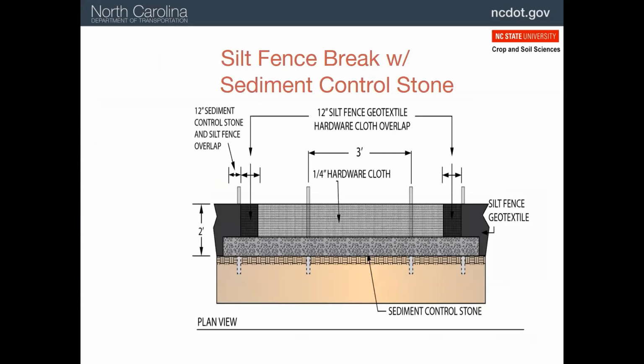The silt fence outlet is constructed of 5-foot posts, which are also inserted 2 feet in the ground, spaced 3 feet apart, and driven 2 feet into the ground, as I just said. Hardware cloth is attached to the posts, and washed gravel is placed on the hardware cloth.